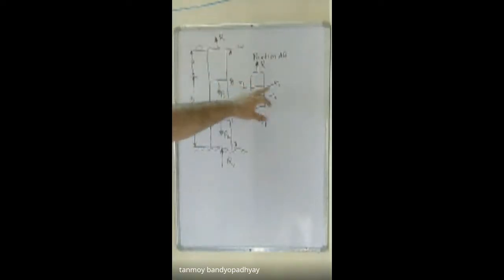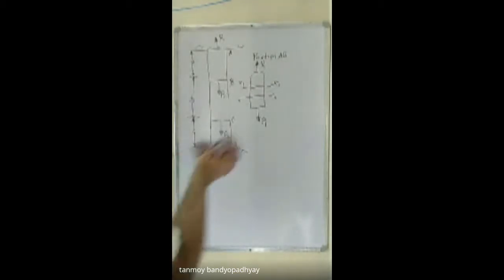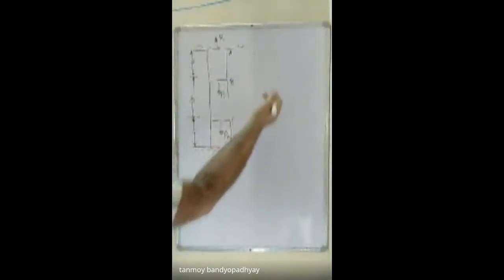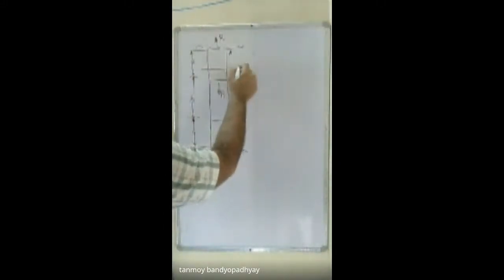That is why we take a cross section in between AB. I can take anywhere, not the point B, just any point before B.